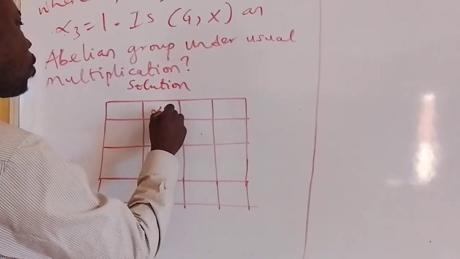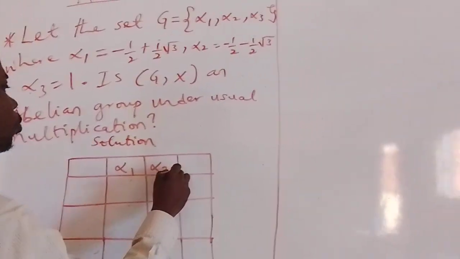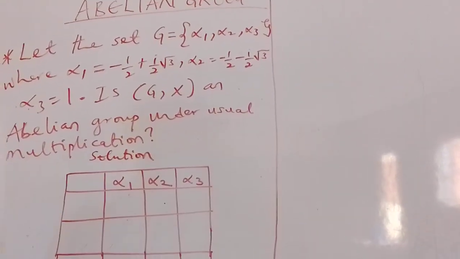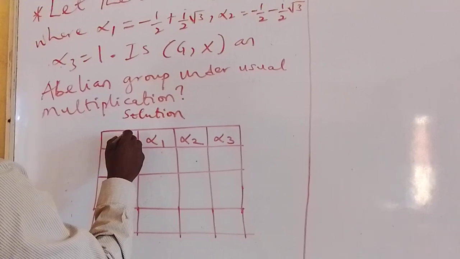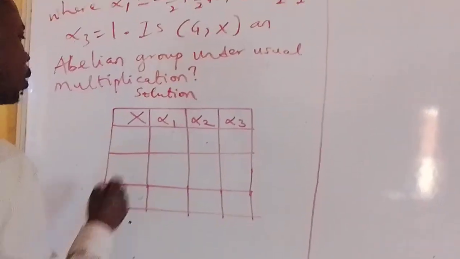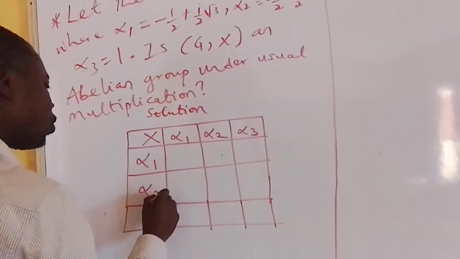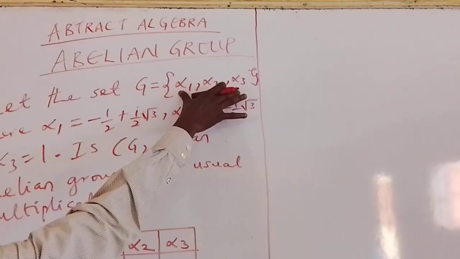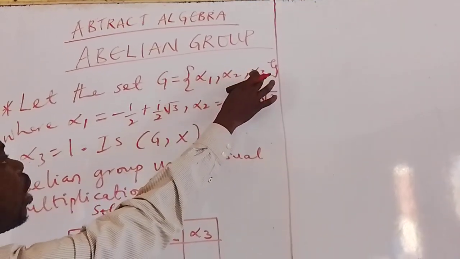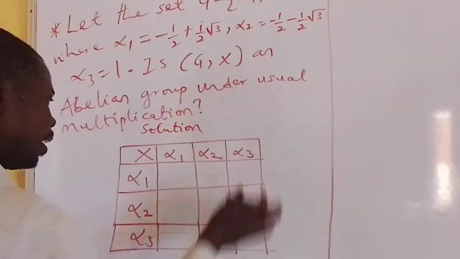So this is alpha 1, alpha 2, alpha 3. Then the operation is multiplication. Then on this vertical column, we have alpha 1 as well, alpha 2, alpha 3, because what is in the set are alpha 1, alpha 2, alpha 3. So we are going to place it like that.